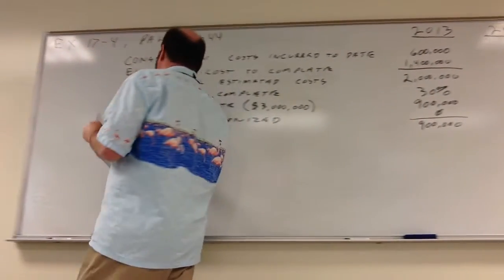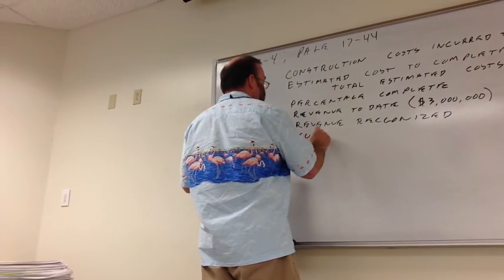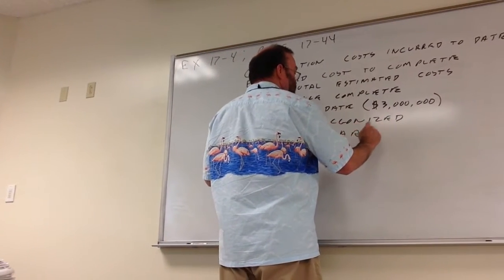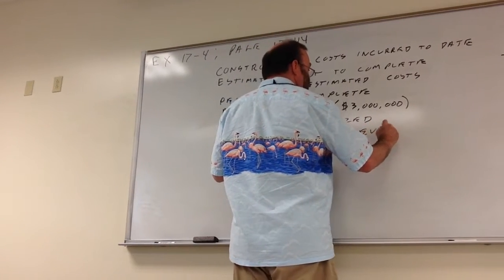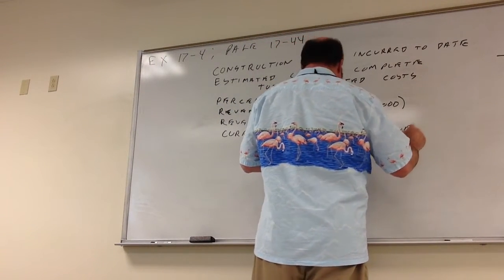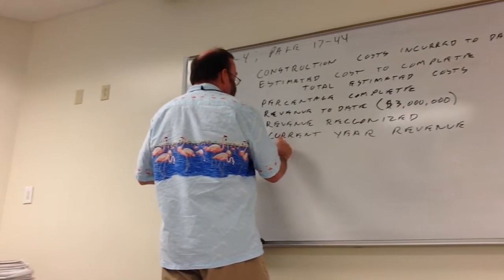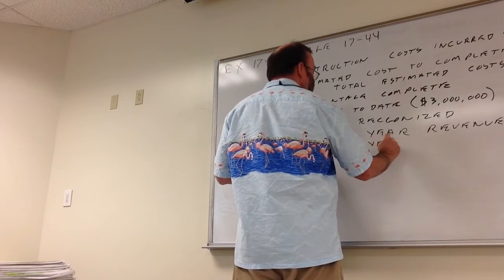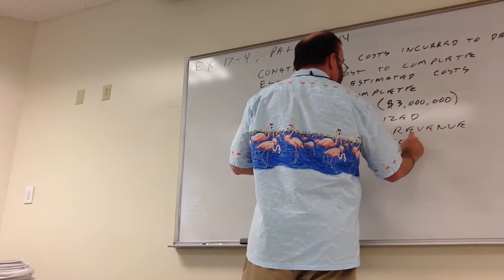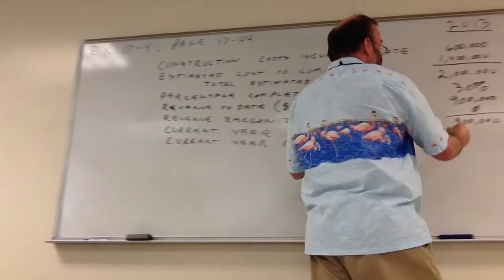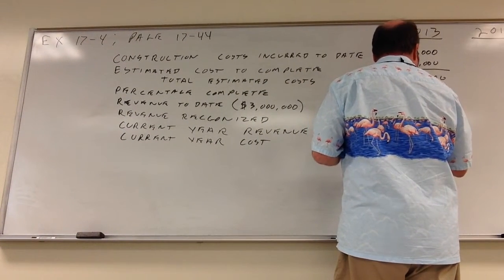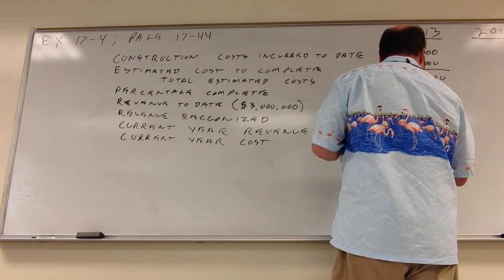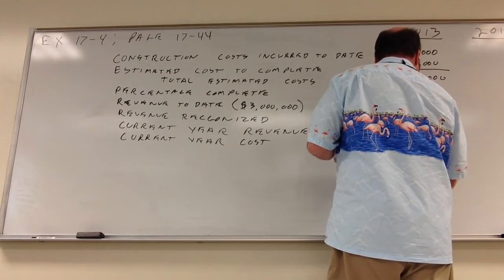Current year, subtract out the current year cost, which in this year was 600. And that gives us the gross margin or loss for the year.